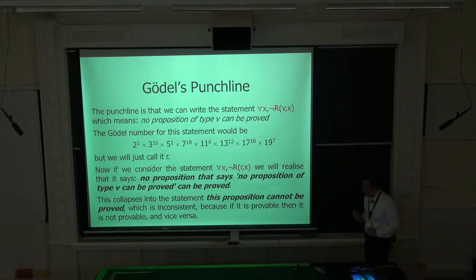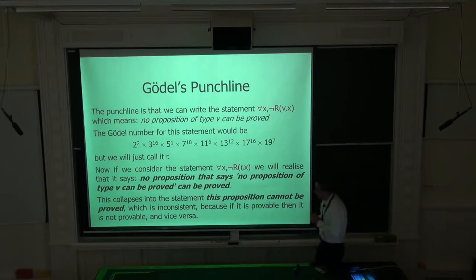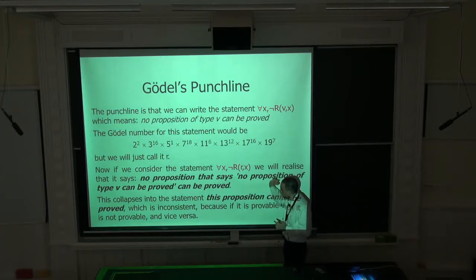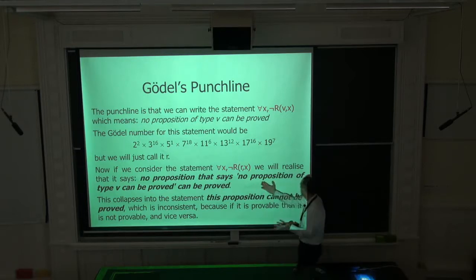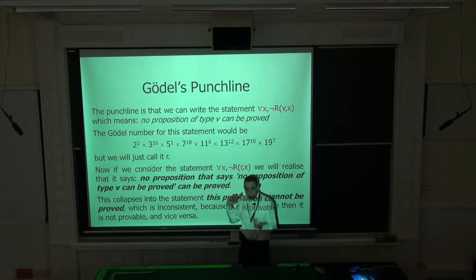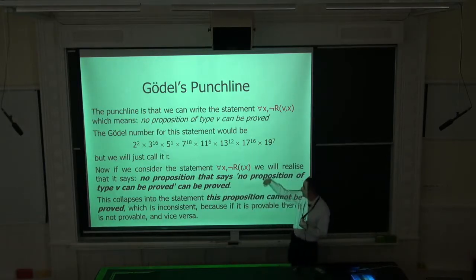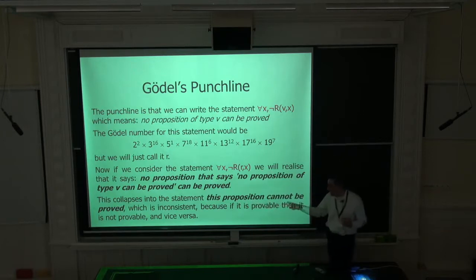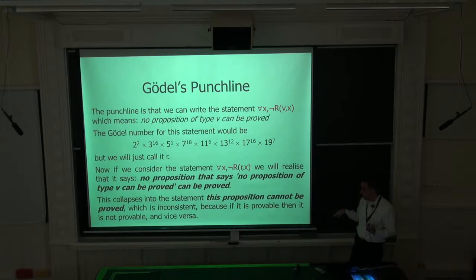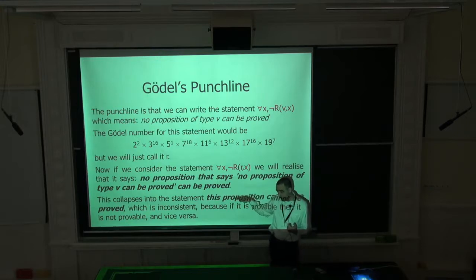Okay, so now we consider this statement. What does this statement say? It says that no proposition that says whatever is in R can be proved. And what is in R? What is in R is that no proposition of type V can be proved. But this same proposition is of type V. So it collapses into the statement that this proposition cannot be proved, which is inconsistent, because if it is provable, then it cannot be proved, and vice versa.